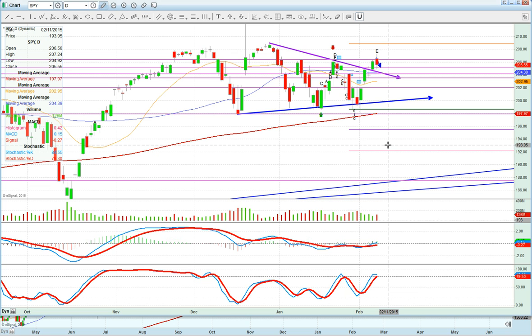Why would I go long, just because the market broke above this area when it still hasn't proven itself? And you could also argue you might be chasing up here. Why didn't you buy it at the low? And then you also don't want to short it. Why? Well, the market has fended off this support area right here, and so we're a little bit in no man's land right now. So sit tight. Don't rush into any trades.